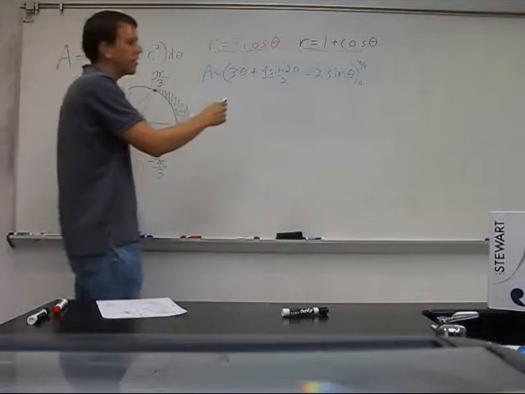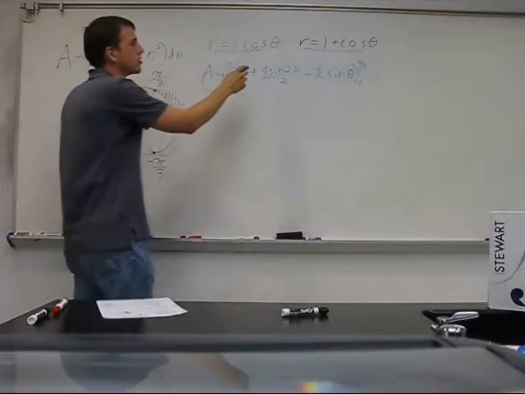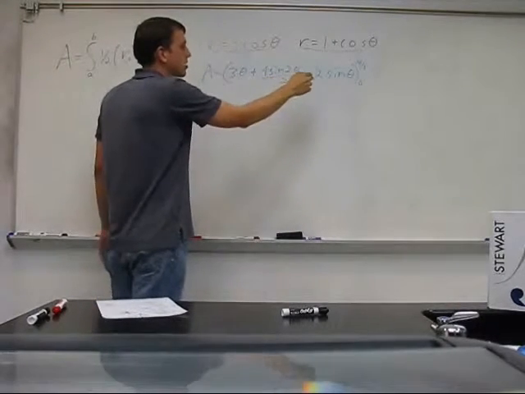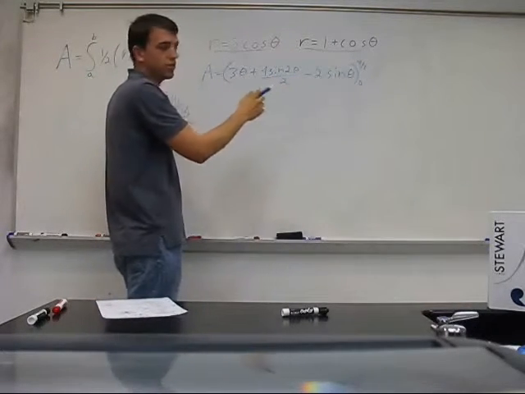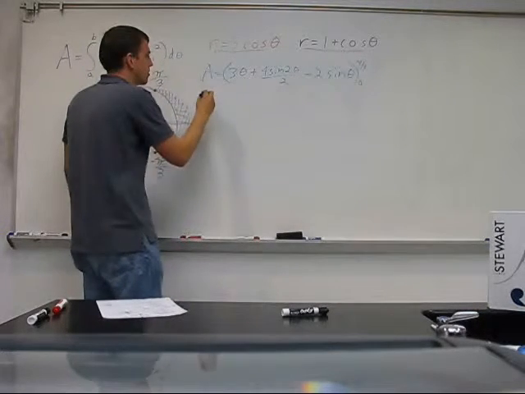All right, here you can see we integrated, and so we have the area is equal to 3 theta plus 4 sine 2 theta over 2 minus 2 sine theta from 0 to pi over 3. All right, and you can see where we integrated from before.